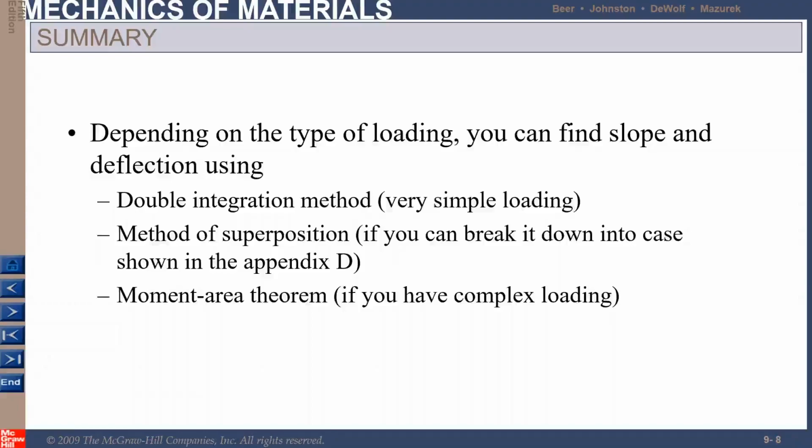And finally, if you have some complex loading or asymmetrical loading that is hard to solve, you can use the moment area theorem. It is all depending on what you are comfortable with, and I would suggest you try to solve the questions in your textbook.